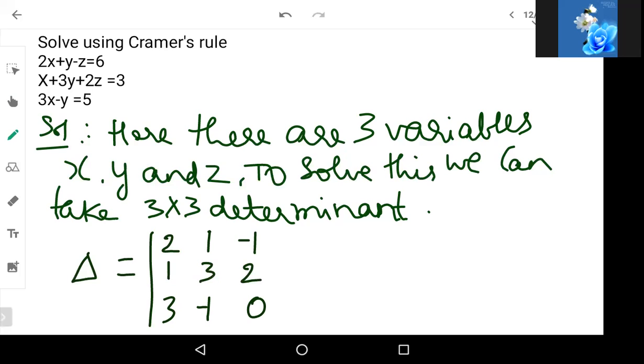Okay, understood till here? Any doubts until here? Okay. Now, you know how to solve a 3 into 3 determinant, right?